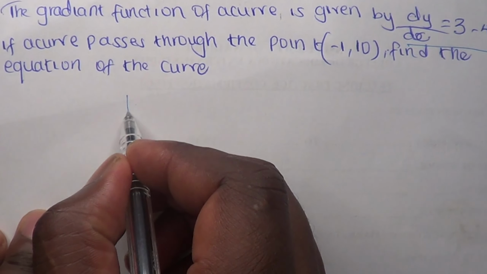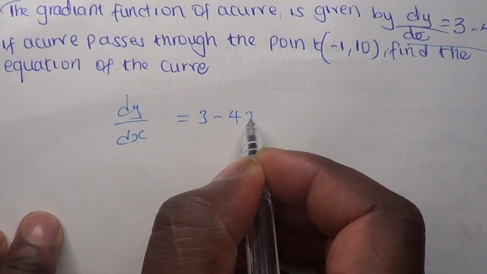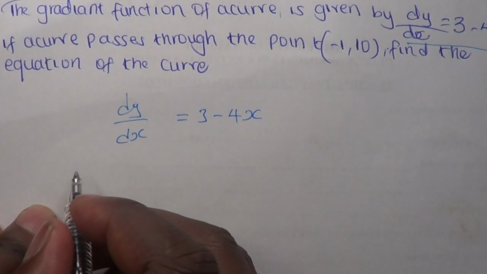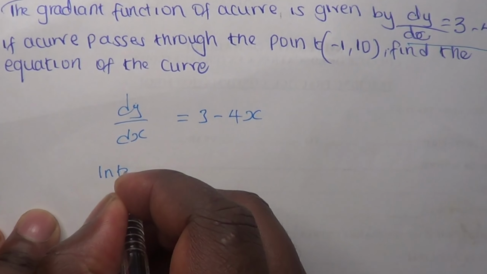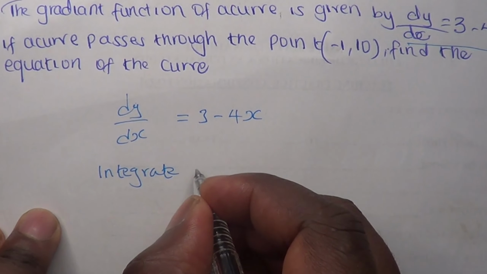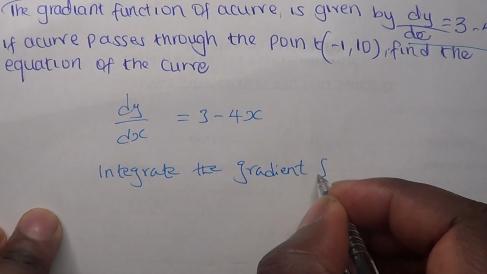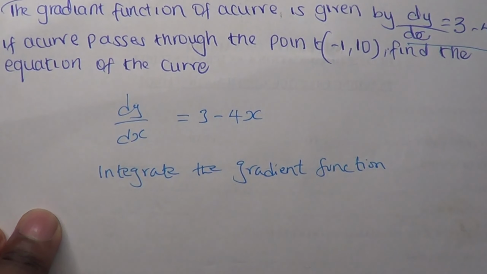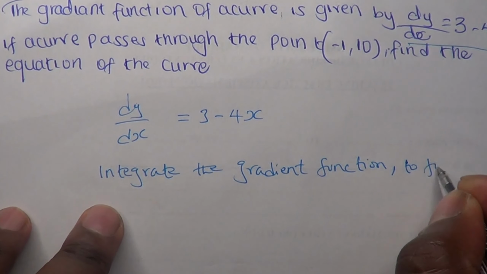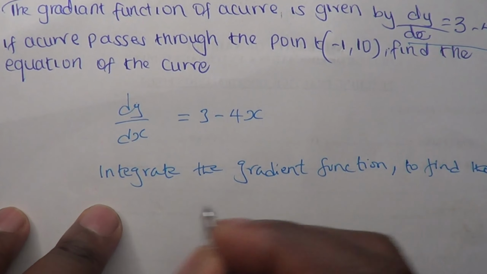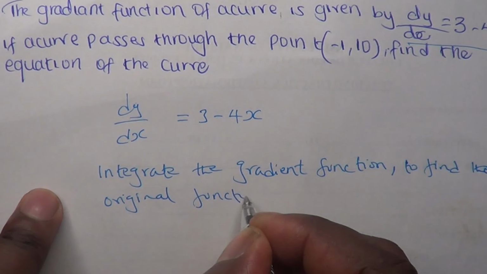Remember, we are told that dy/dx equals 3 minus 4x. So now I need to integrate the gradient function so that we can find the original function.